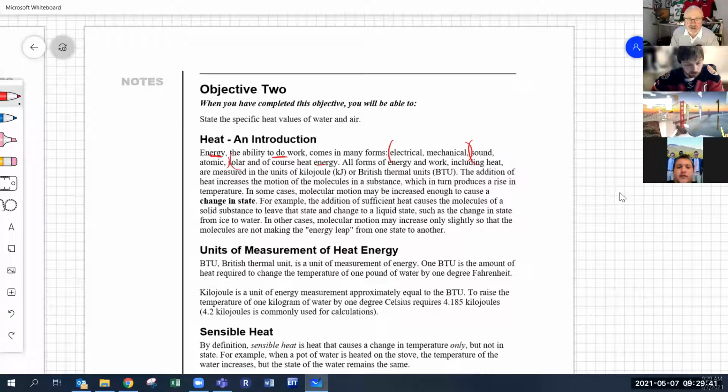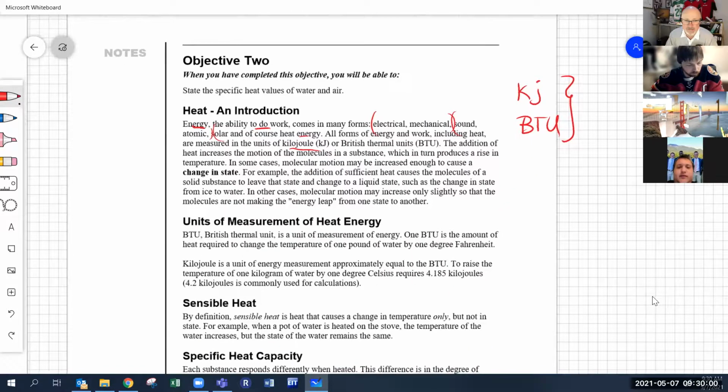And we describe heat energy in kilojoules or British thermal units. These basically mean the same. One is metric and one is imperial.